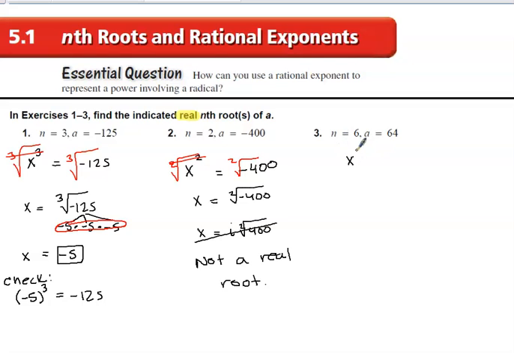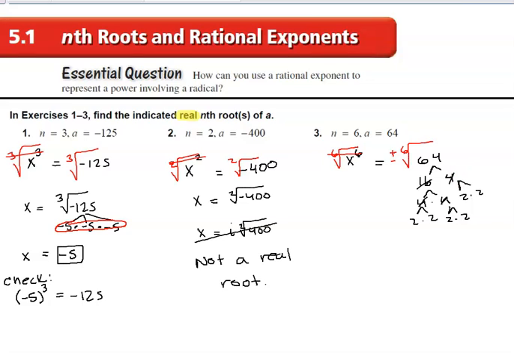Last, we're looking for the number that we raised to the power of 6 to get the number 64. I go ahead and sixth root both sides of my equation. Since we're doing an even root, I do have positive or negative. When I factor my 64, we can multiply 16 times 4. 16 is 4 times 4, which is 2 times 2 times 2 times 2, and my 4 factors into 2 times 2.